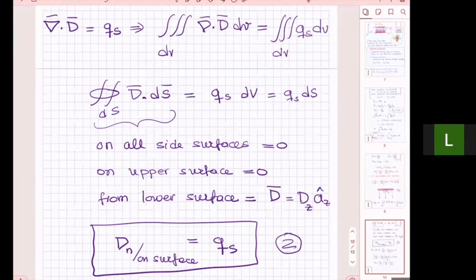Okay, and what are the units of that? That should be coulombs. Q sub S is coulombs per meter square, for example, or centimeter square. And this is going to be meter square or centimeter square.